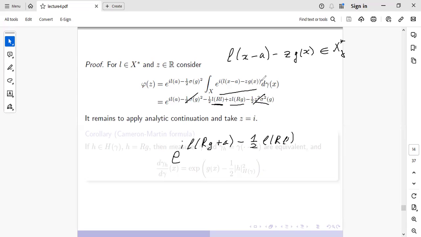On the other hand, this function is the integral of exponent i L(x), and the a cancels, times exponent i g(x) minus 1/2 σ_g squared, dγ.